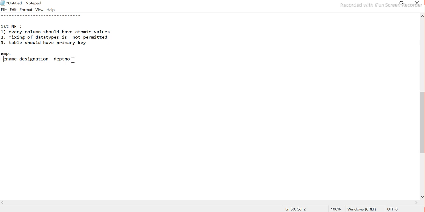Let's say one is a software engineer in department 10, maybe IT. Another is a chartered accountant, department is finance. Here maybe let's say his name is Akash.